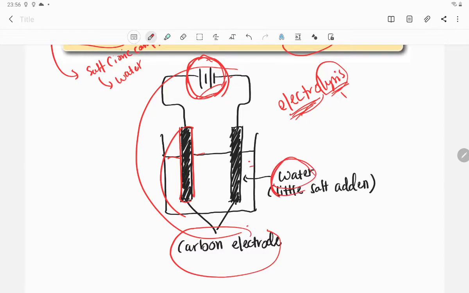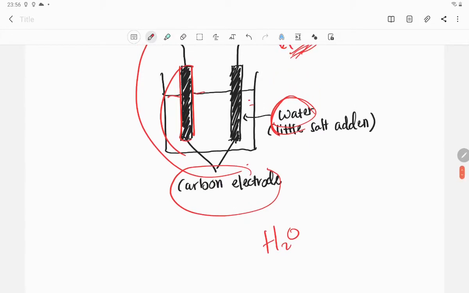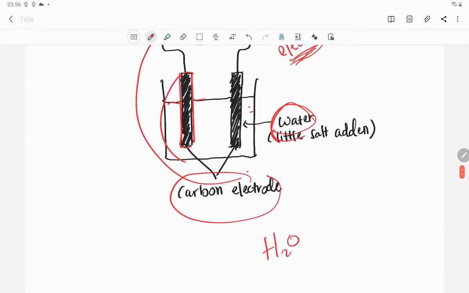Water is H2O. So when it undergoes electrolysis, you will get oxygen gas and hydrogen gas.